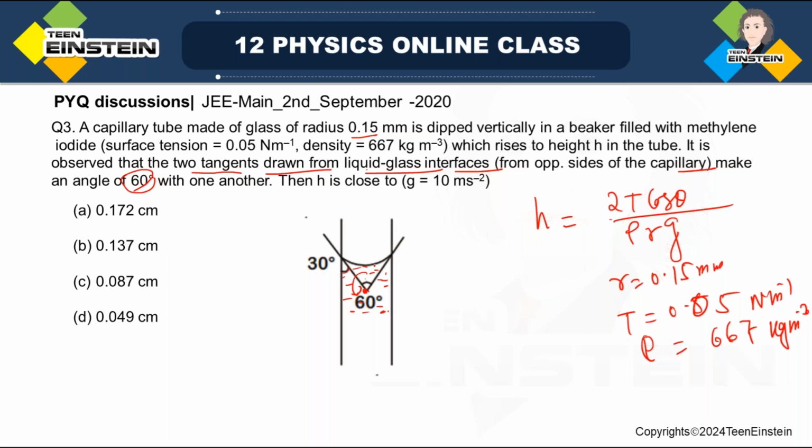So it is the angle between the solid surface and the tangent at the point of contact.